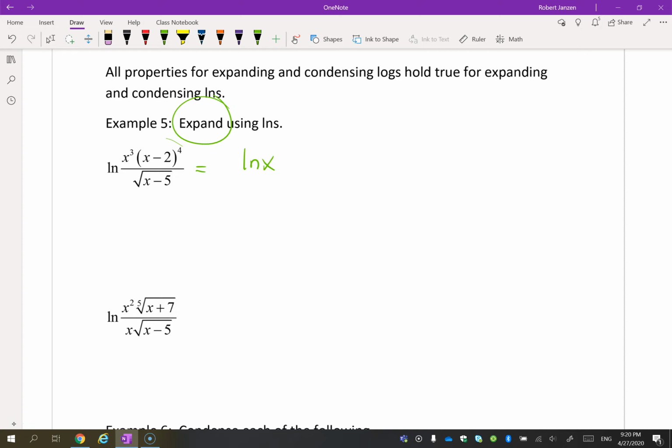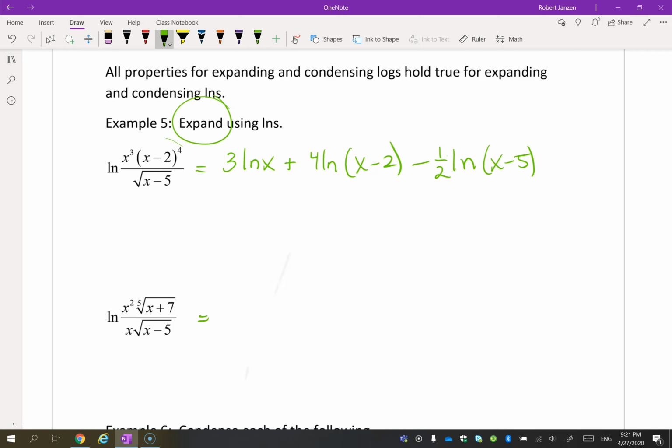Okay, so that 3 was the exponent here, but now it's going to the front. And then plus 4 natural log x minus 2, and then minus, alright, this is the natural log of x minus 5. Now that's the square root of x minus 5. That's like the power of a half, so we can write 1/2.